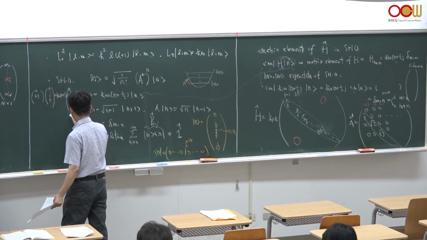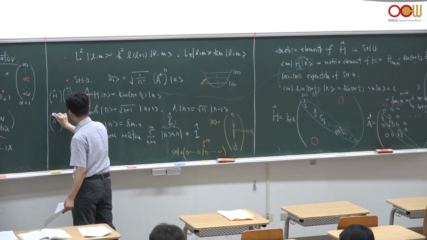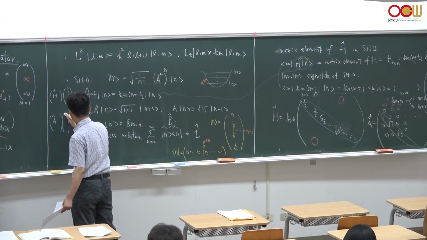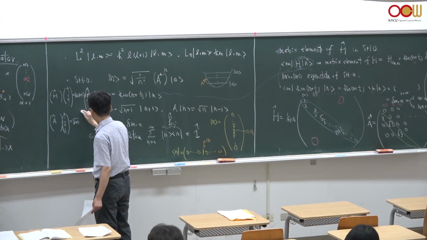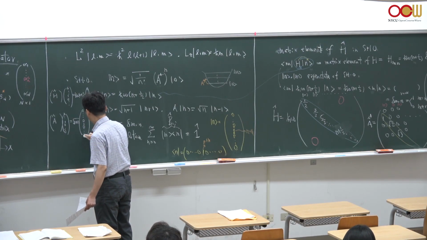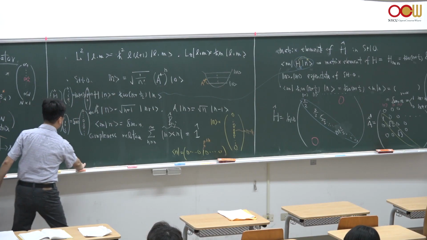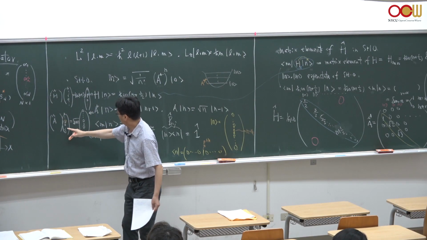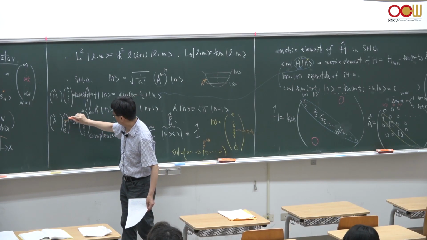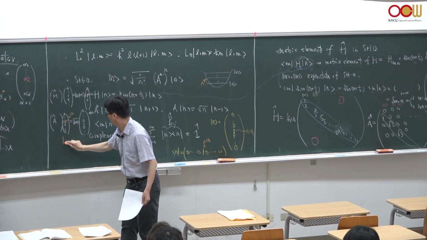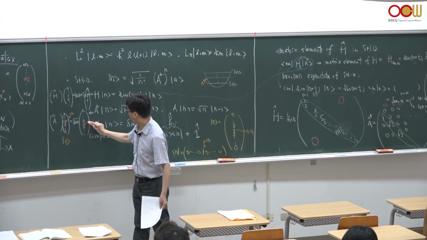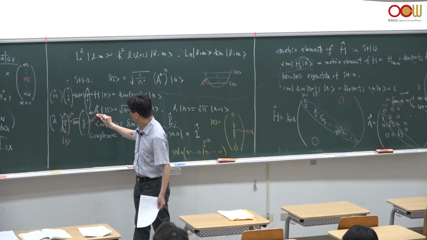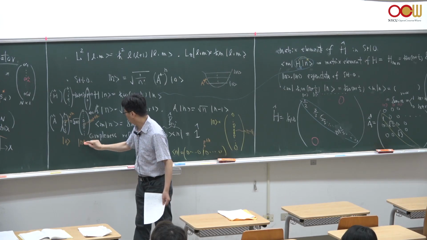This is given by, again, this a dagger matrix acting on this matrix, which gives you square root of n plus 1 times the n plus 1 state, where this 1 right here on the left of the equation appears at the nth component of this eigenstate n, but on the right hand side it appears as the n plus 1 matrix element of this state n plus 1.